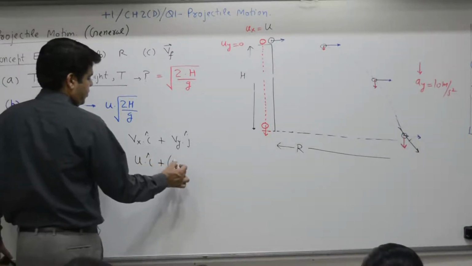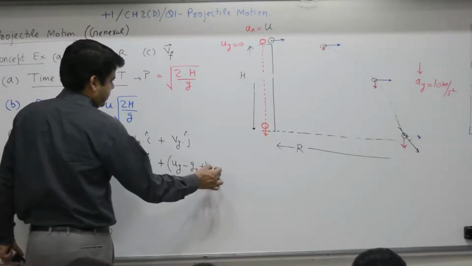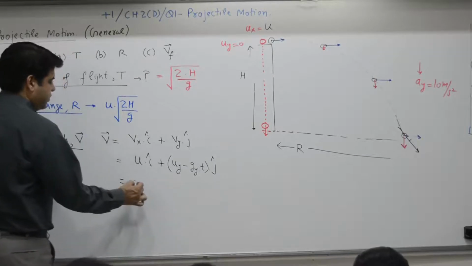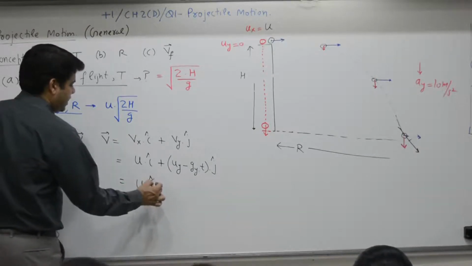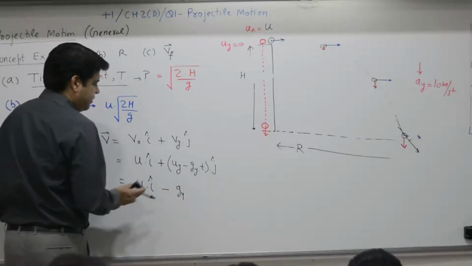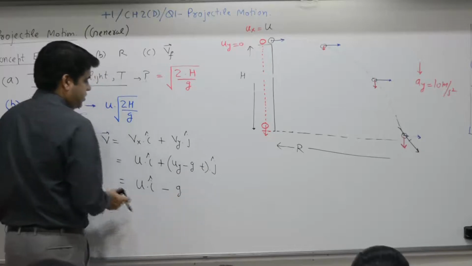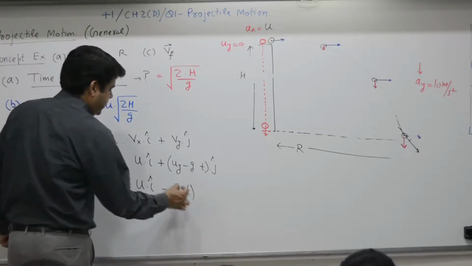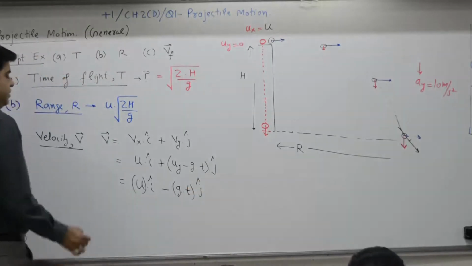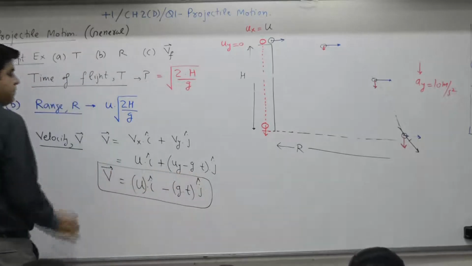Vertical: uy minus g t. uy is 0. I will give you time to write it, just understand what to go for. g into t, and this component is along j. So velocity is equal to u i minus g t j.